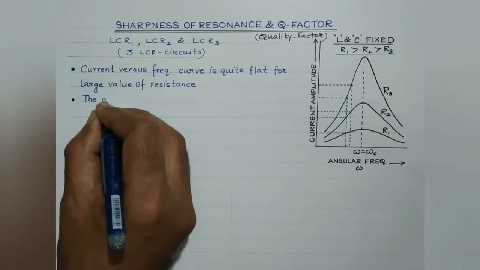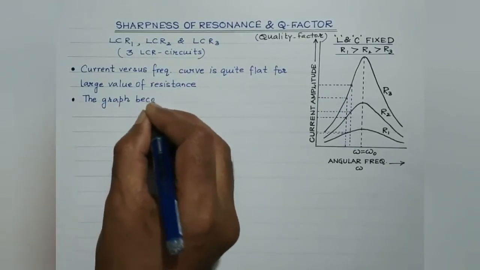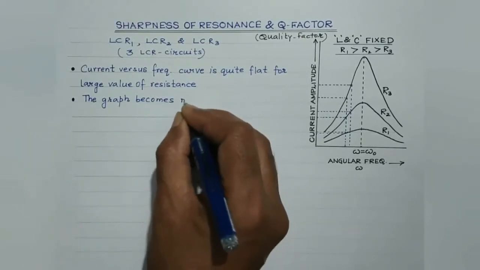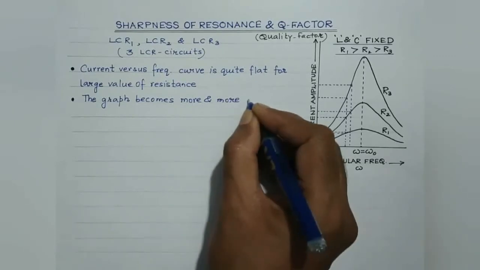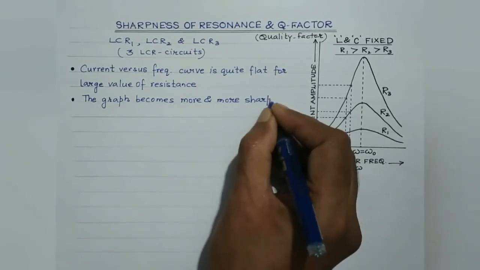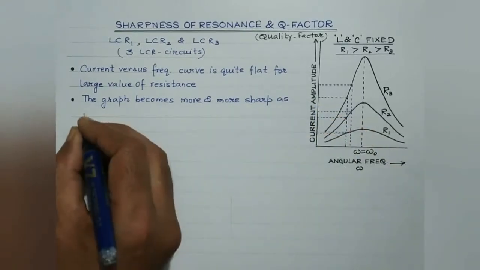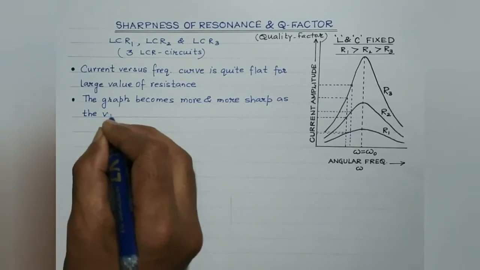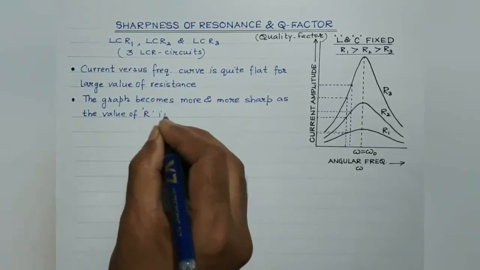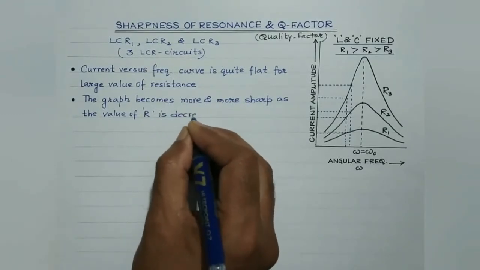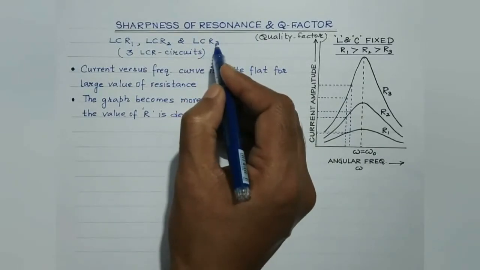So the graph becomes more and more sharp as the value of resistance, that is R, is decreased. So for the third circuit LCR3, the value of R is minimum.